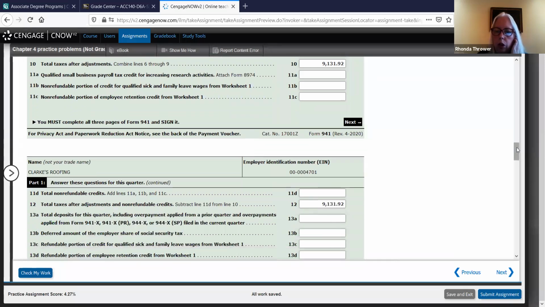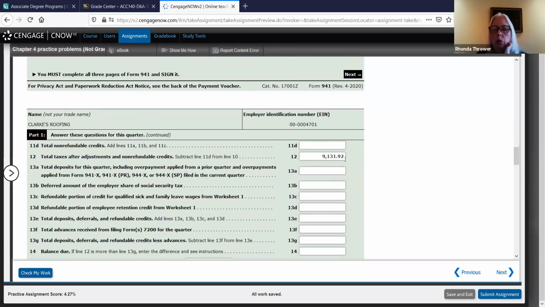And also we know that because it was the total of our deposits for the 3 months. They didn't tell us about any deferred amount of employer share of Social Security tax, no refundable portion of the qualified sick and family leave wages, the employee retention credit. We don't know anything about that.